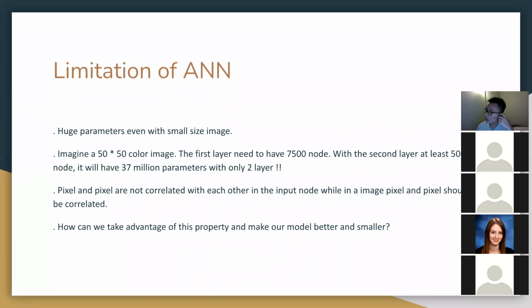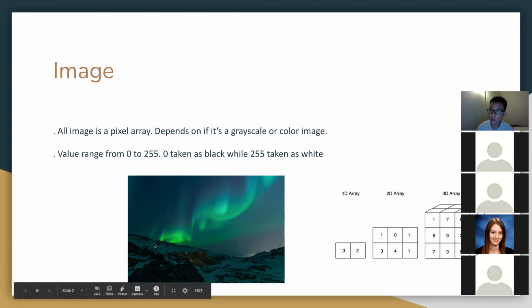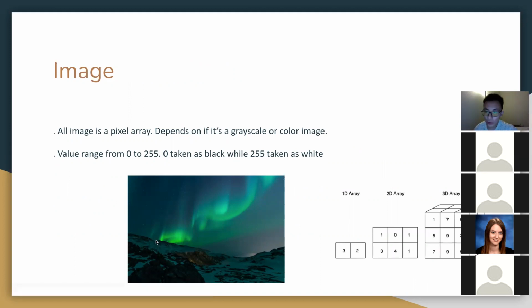And also, one of the properties of images is that pixels are correlated. Take this image as an example. As you can see, what makes this a mountain? It's not just one pixel firing up, or one pixel that is black. It's multiple pixels that correlate to each other. If those pixels fire up together, you can see a boundary that shows the mountain.